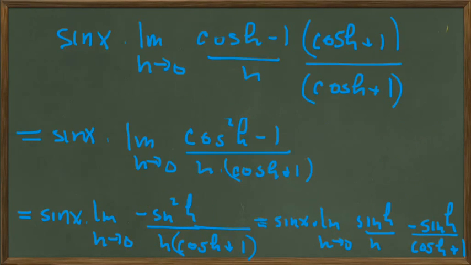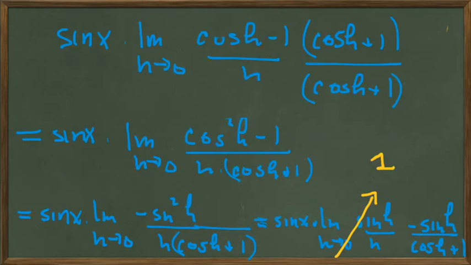So we're going to divide up our limit from over here in this way, and that is going to allow us to resolve the limit, because we know the limit as h goes to 0 of sine h over h is 1.